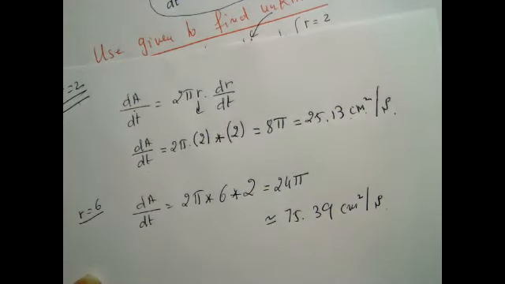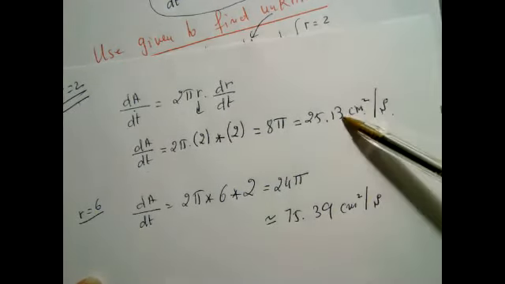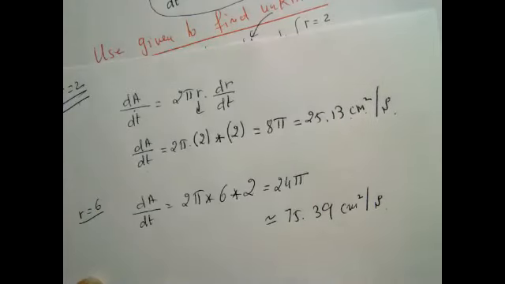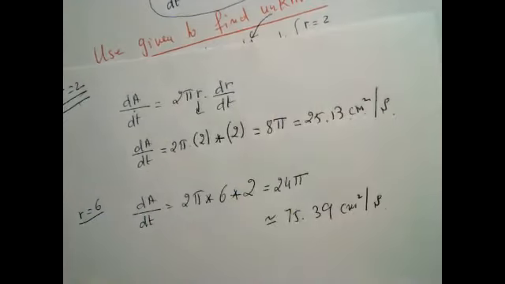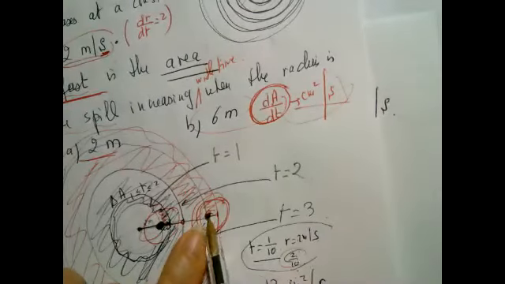So this again tells me that when the radius is 6, the area starts increasing at a very much faster rate, at 75 centimeters squared per second. So even though the radius is moving at a constant rate, the area is really growing at a faster rate. So back to my picture, this is 6.